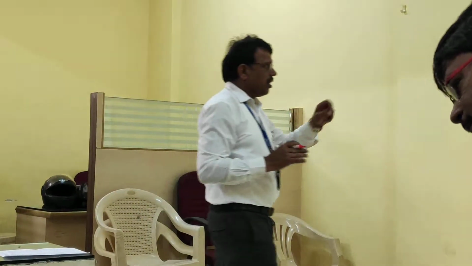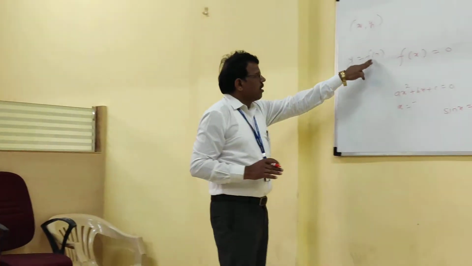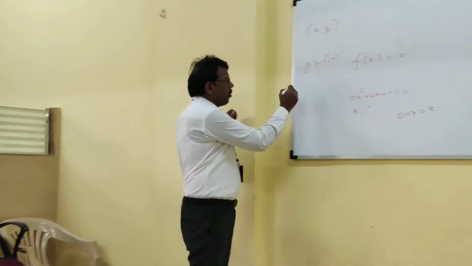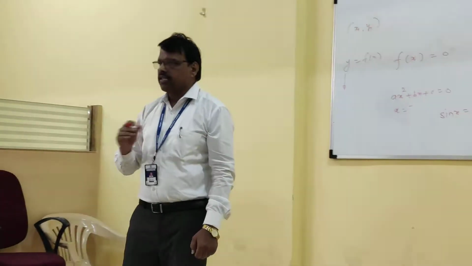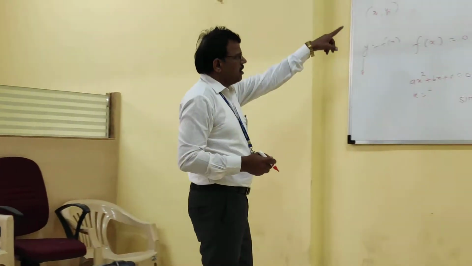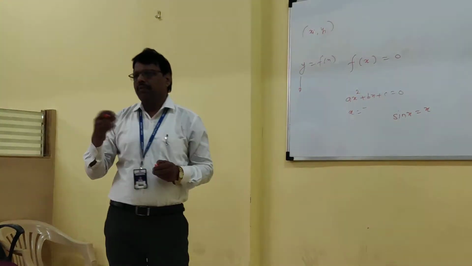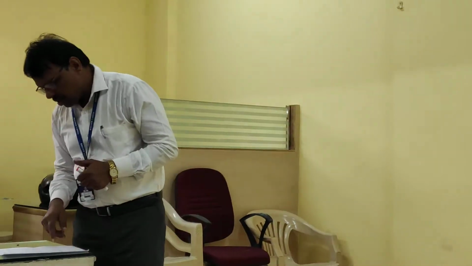For that there are certain methods, but sometimes we require the intersection of f(x) equal to 0 on the x-axis. Y equal to 0 means f(x) equal to 0. That particular curve intersects the x-axis at 1 point, 2 points, 3 points, or 4 points. For that, all these methods are given, and we require them for engineering applications, so they are given in the first unit.